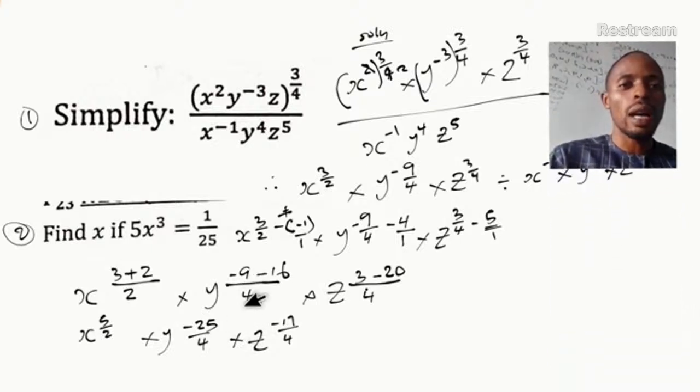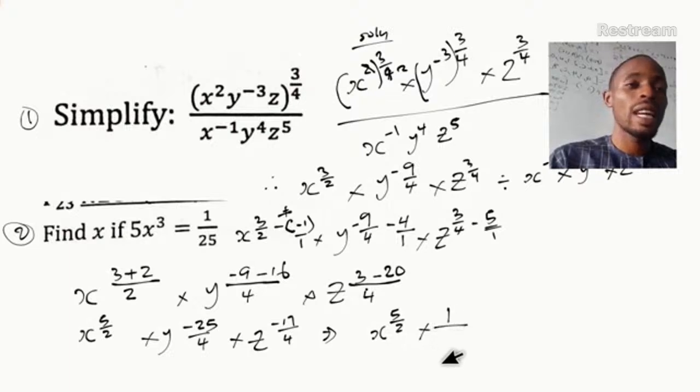It will be equal to our s to the power of 5 over 2 multiplied by, where this negative here becomes 1 over. If you still remember negative index, this minus we have here means 1 over. So it means that this y is to the power of 25 over 4.